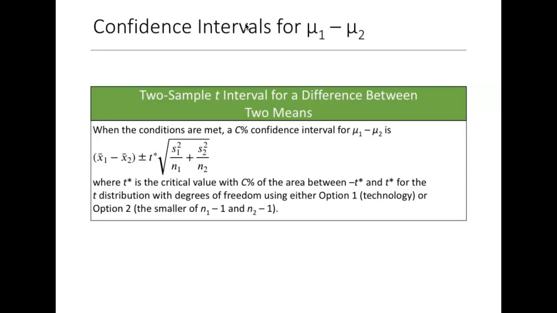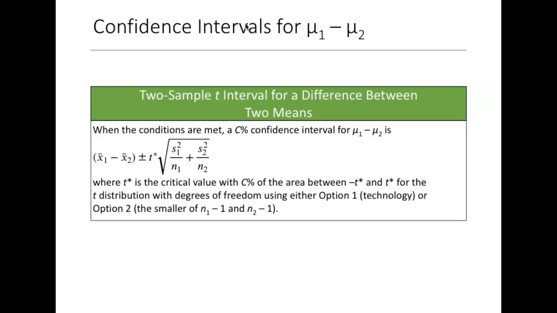But remember, when we're talking about a mean, our critical value comes from a t-distribution that's determined by the number of degrees of freedom. Now, in this case, the formula for degrees of freedom is actually more complicated when we're using two samples. The good news is you don't have to compute it. Your calculator will do it for you.